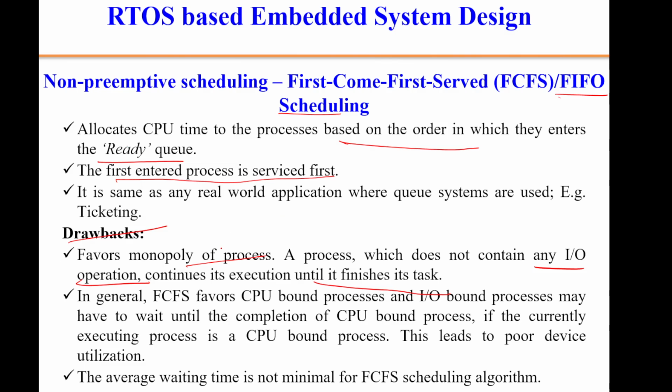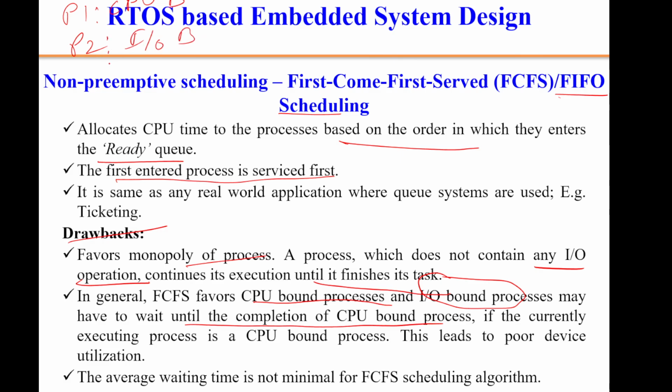Also it favors CPU bound processes, and IO bound processes may have to wait until the completion of the CPU bound process. Suppose we have two processes P1 and P2, where P1 is a CPU bound process and P2 is an IO bound process.